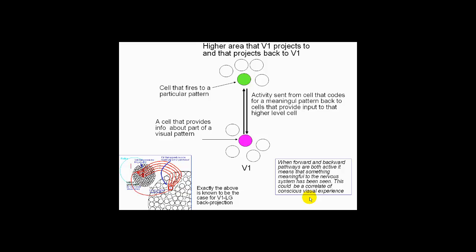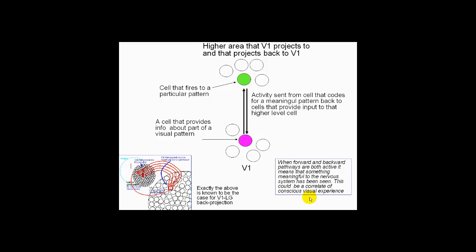So remember we talked about here in the projection from thalamus to V1 that the cells in V1 that respond to this orientation of line and this location in the visual field project back to excite those same cells. So at least at this level, which is the only place the details are understood, the back projection is closely related to the forward projection.